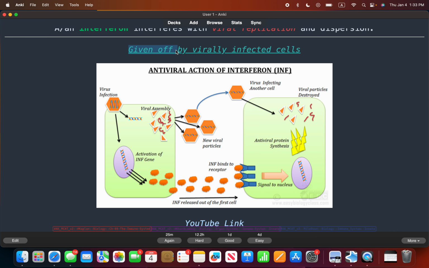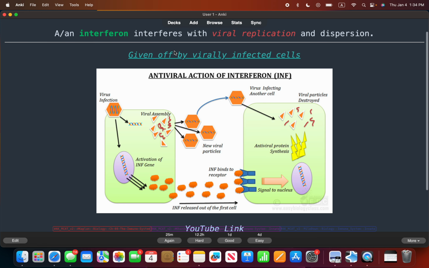Oh, so the cells of our body that are already infected with viruses, they're the ones who give off interferons to interfere with the replication of the viruses.